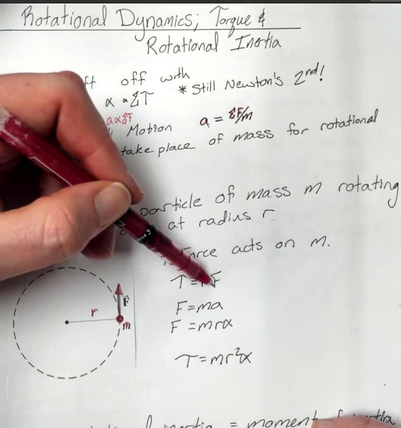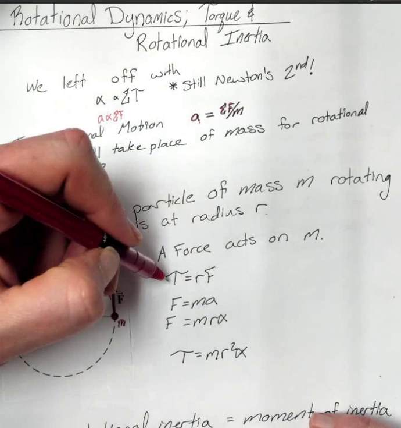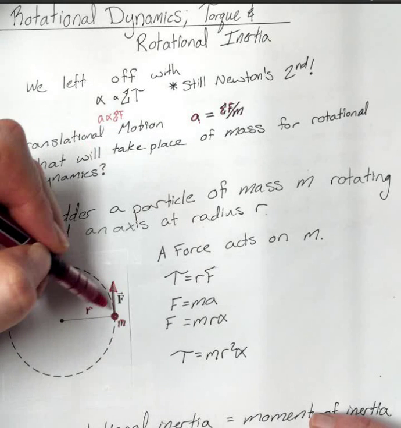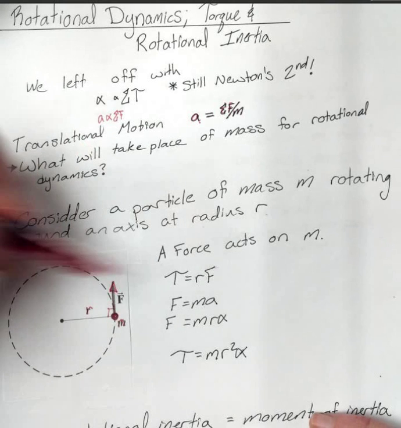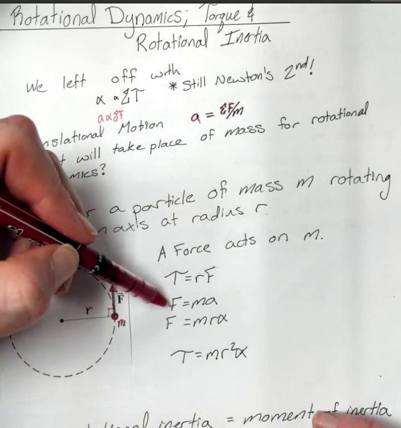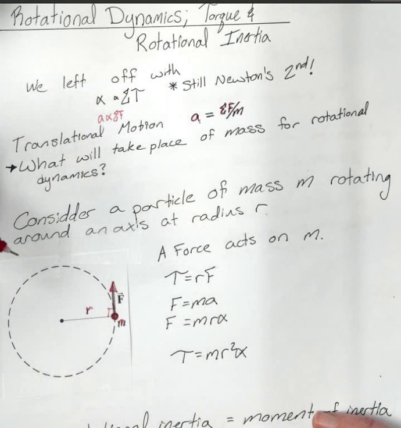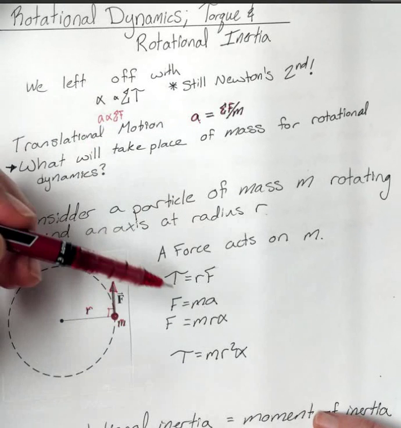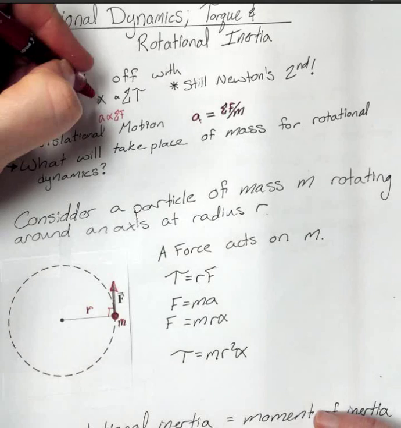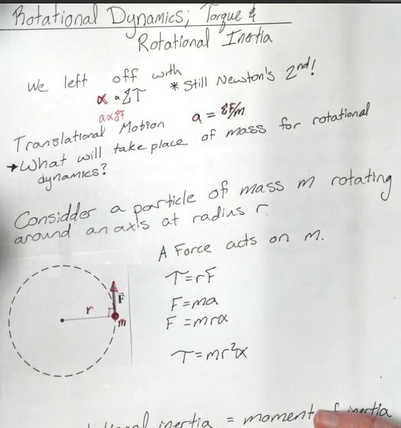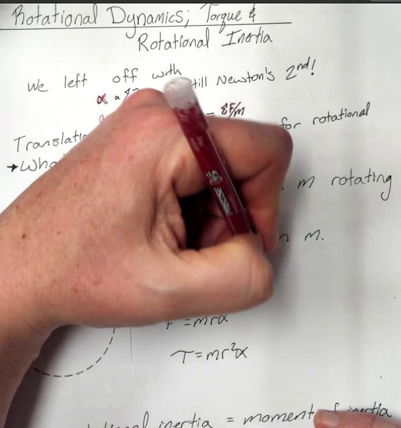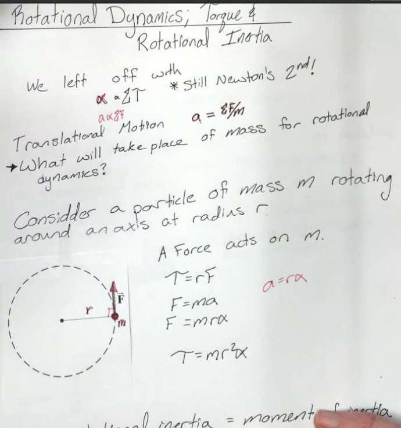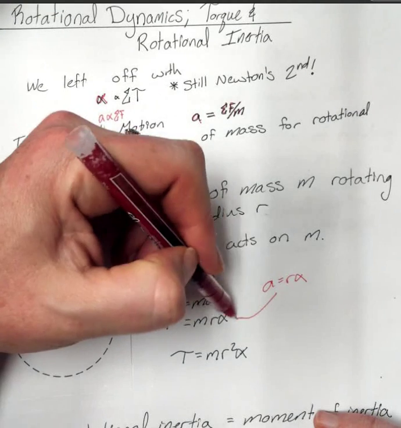this value F. So we could calculate the torque as this perpendicular lever arm times that force, and that force equals mass times acceleration. So that means that if we want to know the relationship for rotational acceleration, we're going to say that a equals r alpha, and we're going to swap that in right there.